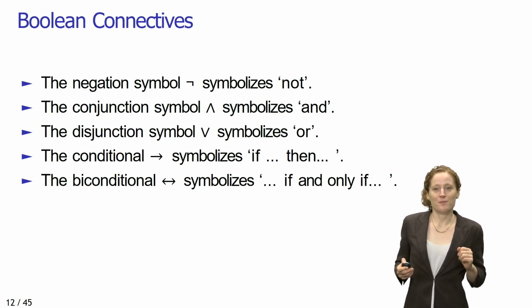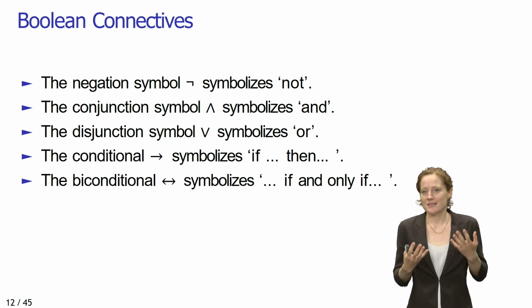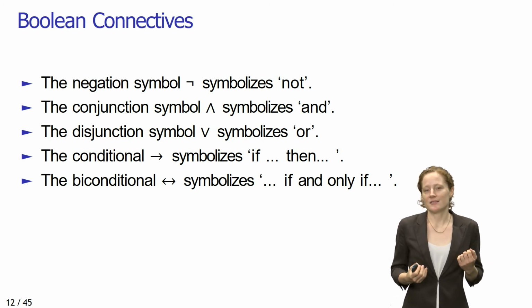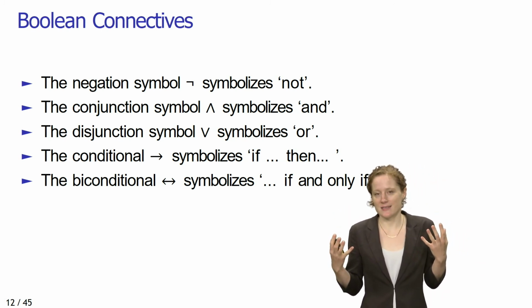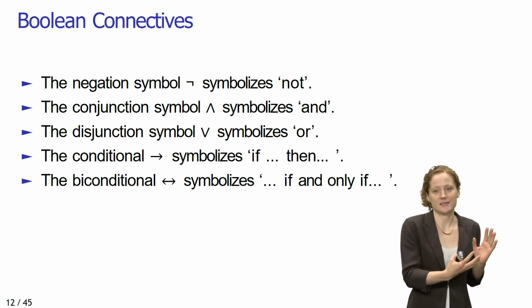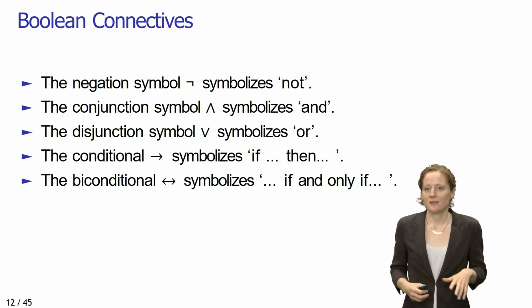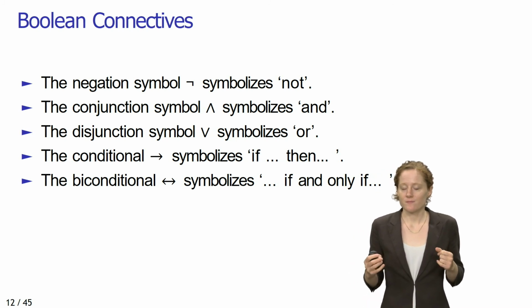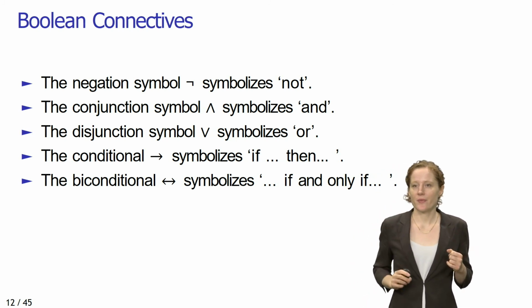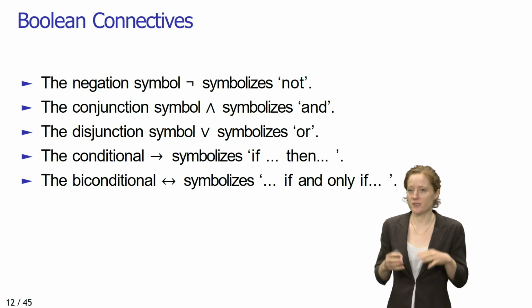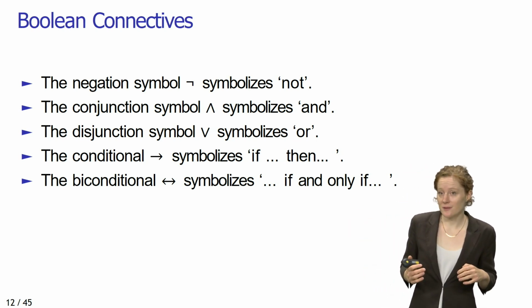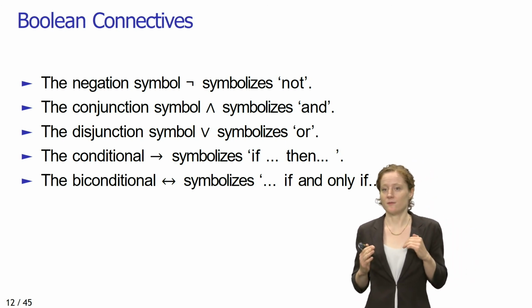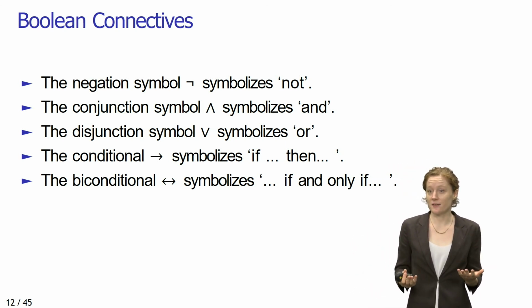Now, what are the Boolean connectives? The Boolean connectives are sentential connectives that allow you to construct more complex sentences out of simple sentences. The negation symbol, which is this little bar, symbolizes the English word not. The conjunction symbol, which is this upside down V, symbolizes the English word and.